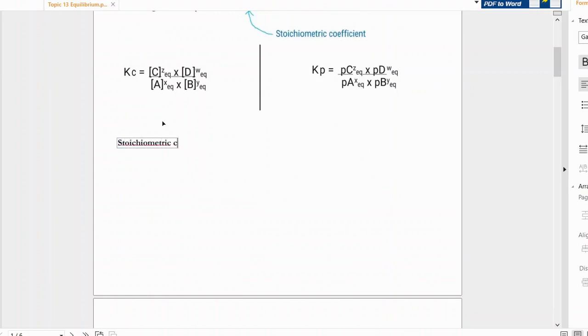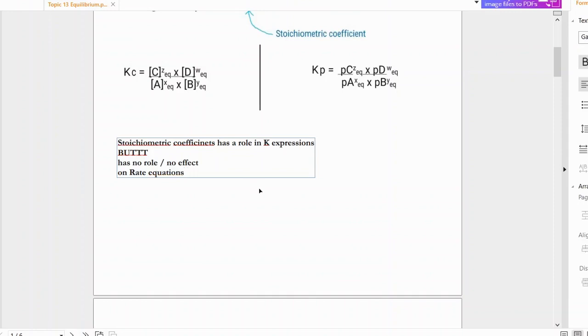Stoichiometric coefficients have a role in equilibrium constant expressions, but have no role, no effect on rate equations. Very important.